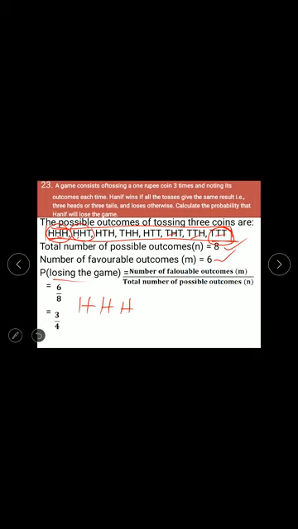Only in this one and this one will he win. So in these 6 cases he will lose the game. The total number of possible outcomes is 8, and the number of chances of losing the game is 6. So 6 by 8, cancel by 2, we get 3 by 4. Getting clear? Remember the possible outcomes.